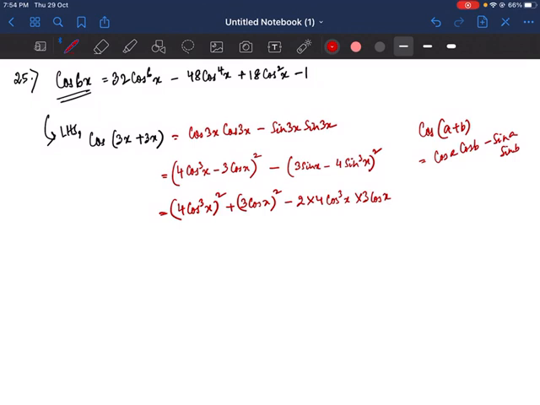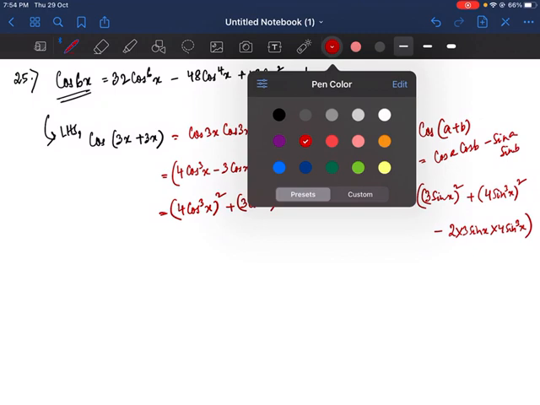And on this side we have minus, (3 sin x) whole square, plus (4 sin cube x) whole square, minus 2 into 3 sin x into 4 sin cube x. So these are the things we got. Now let us solve this one.